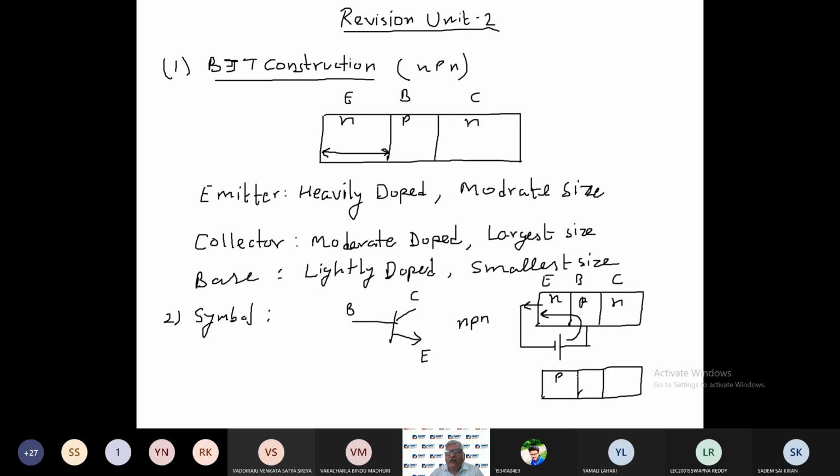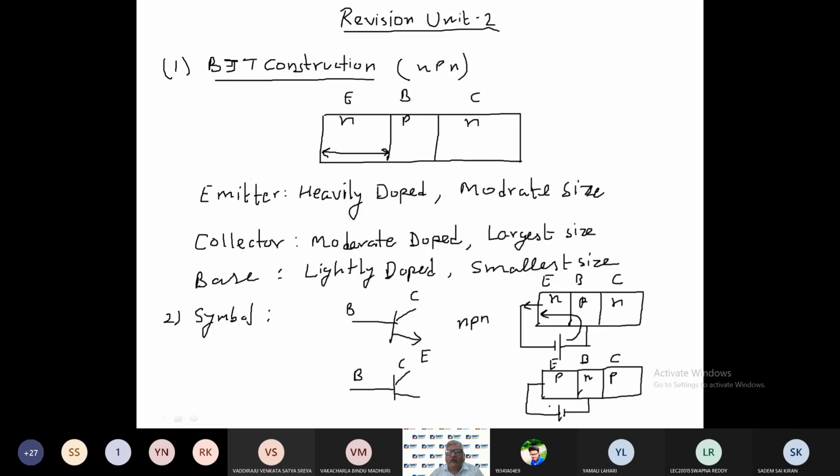Okay. Now, if you talk about the PNP transistor, this is PNP: emitter, base, collector. If you talk about the symbol, again there are three terminals. One is base, another is collector. Now for the emitter, you have to show the direction of the current. So make emitter and base forward bias like this.